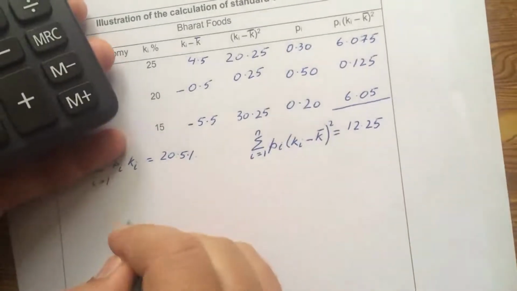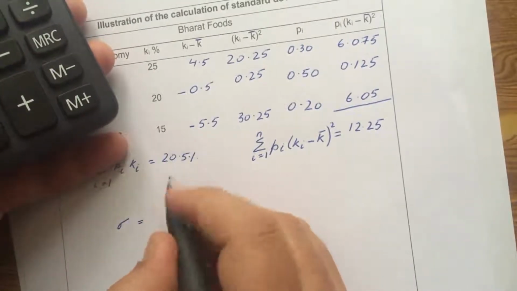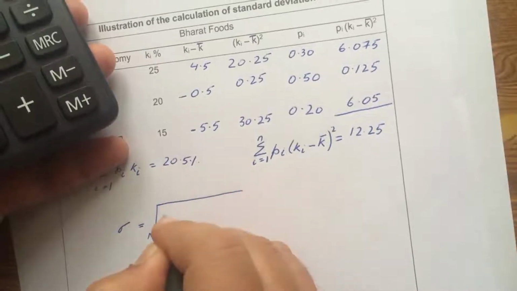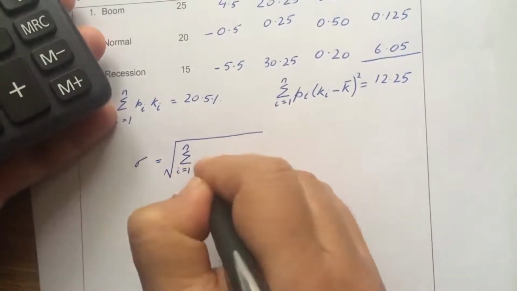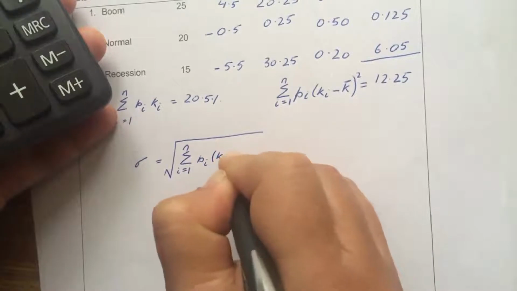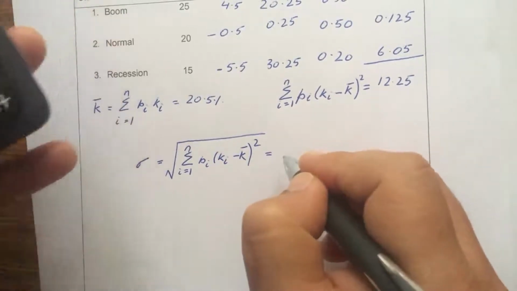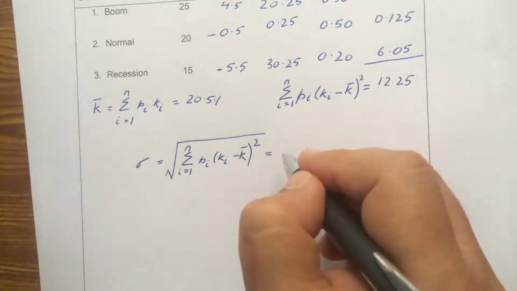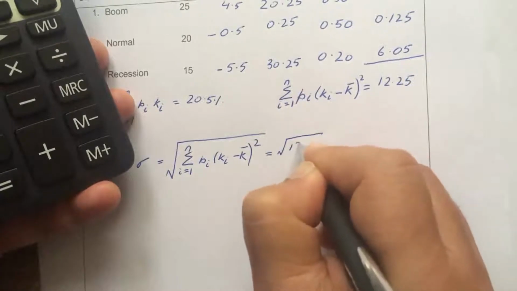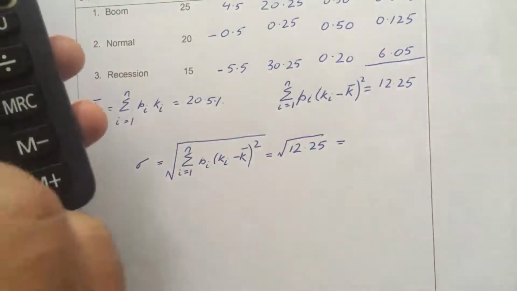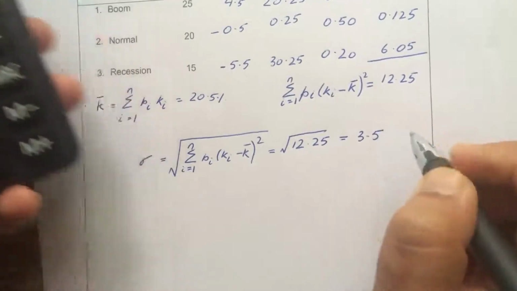All right. So now find out the standard deviation. Sigma is equal to the square root of summation, and the standard deviation is 3.5.